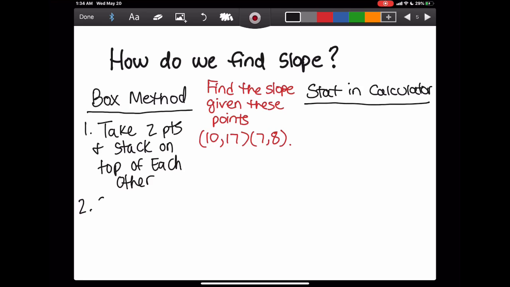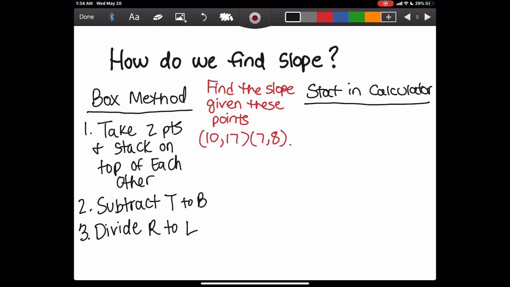Step 2, you're going to subtract top to bottom. Step 3, you are going to divide right to left. That will give you your slope.